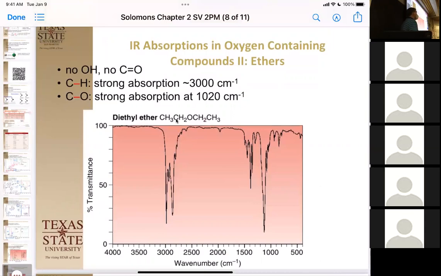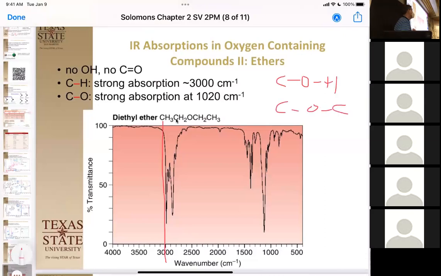If the oxygen doesn't have a hydrogen, it's not going to absorb in that high energy band. So if we draw our line at 3000, we switch that carbon-oxygen-hydrogen bond to a carbon-oxygen-carbon bond. We got rid of the hydrogen, we get rid of that high energy peak. But we have a really good peak down here below 1500, probably the carbon-oxygen-carbon bond.